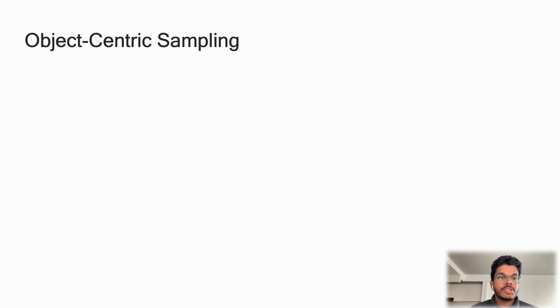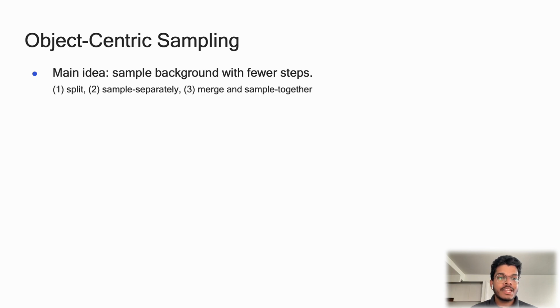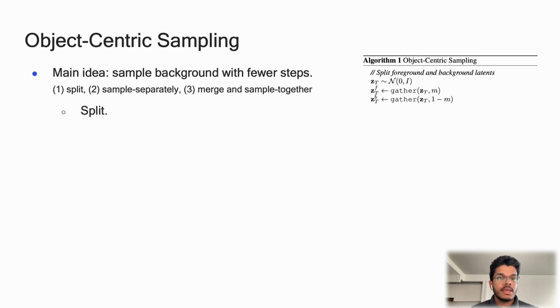The idea behind object-centric sampling is simple. We want to sample the background with fewer steps. To do so, we need to split foreground and background latents, sample them separately at different sampling rates, and at some point we need to merge and sample them together to avoid any boundary artifacts. If you look at the overall algorithm, we assume that we have access to a saliency mask which identifies foreground and background latents.